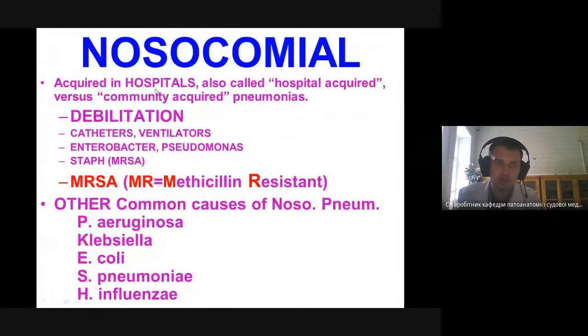Then hospital-acquired pneumonia in people in hospitals: debilitation, catheters, ventilators, specific bacteria, especially resistant bacteria.